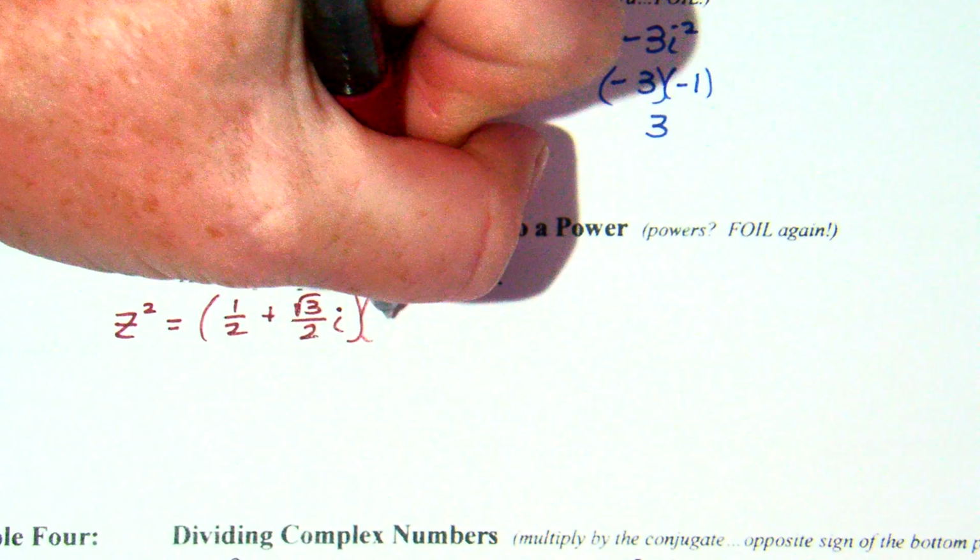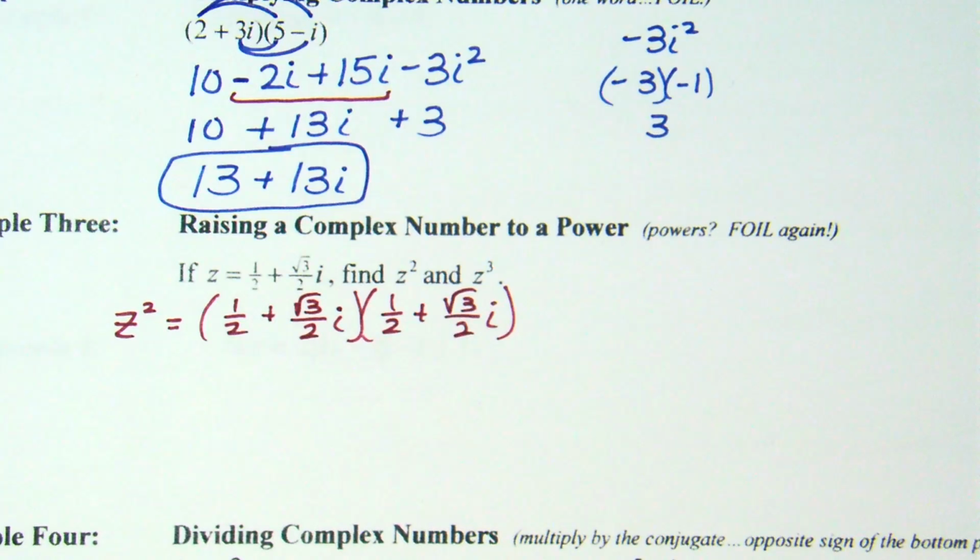First, 1/2 times 1/2. I heard it out there somewhere. 1/4, because 1 times 1 over 2 times 2, 1/4. Okay? Outside. So now I'm doing 1/2 times radical 3 over 2i.